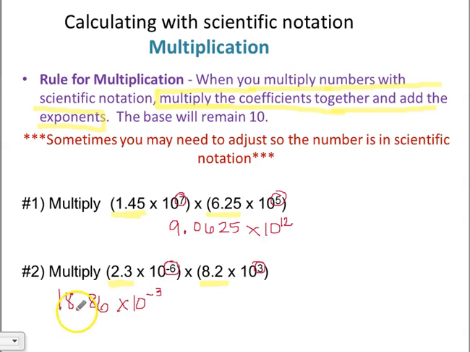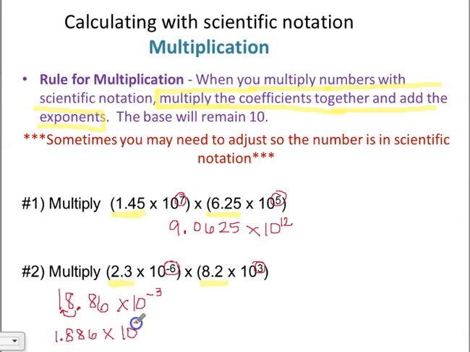So we need to move our decimal to the left one. So it's between that 1 and the 8, so that now it's greater than or equal to 1, but less than 10. Because we moved our decimal to the left, and remember, we're raised to a -3 here, which tells us we need to move the decimal to the left 3 times, but we already moved it to the left 1 time.